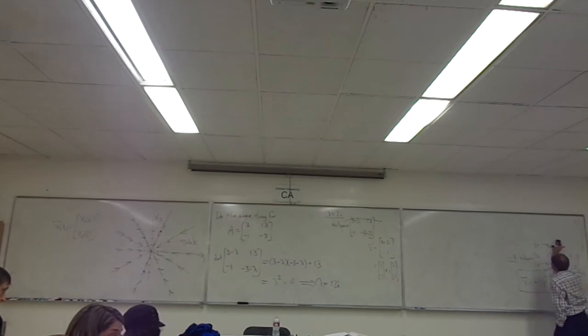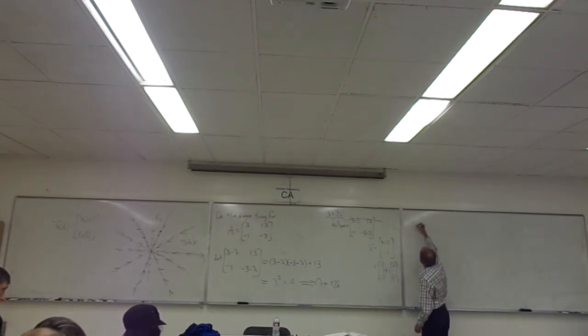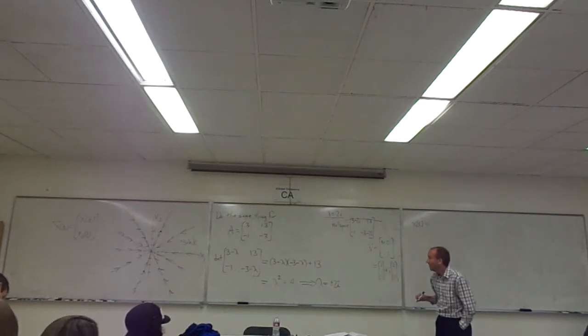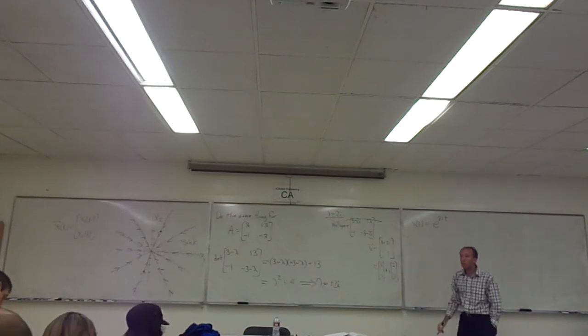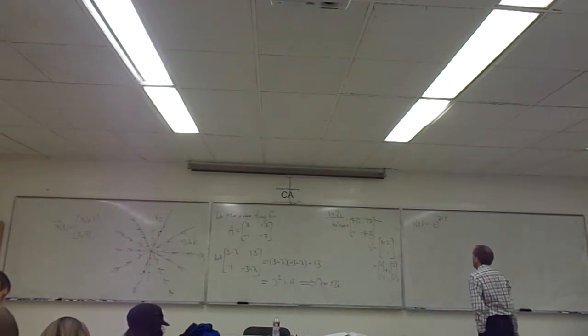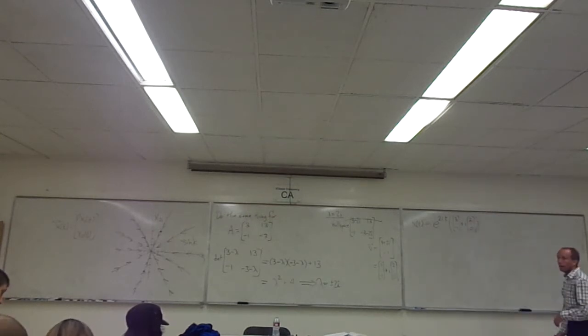So our solution for x of t is going to be e to the lambda t, so that would be e to the 2it, times the vector, which we've already split up, is 3, negative 1, plus i times 2, 0. Okay?